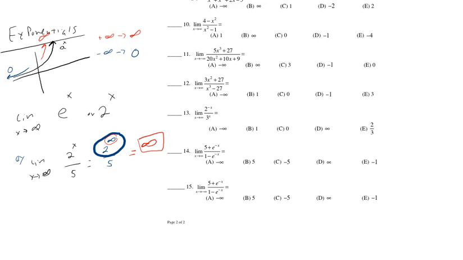But if I were to take the limit as x approaches negative infinity of e to the x over 5, I'm going to get e to the negative infinity over 5. My negative infinity goes to 0.